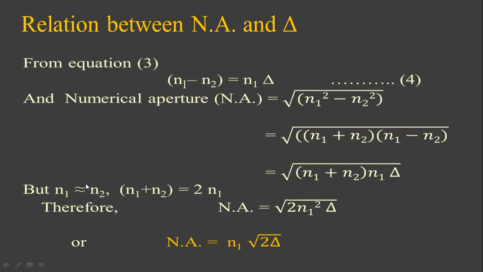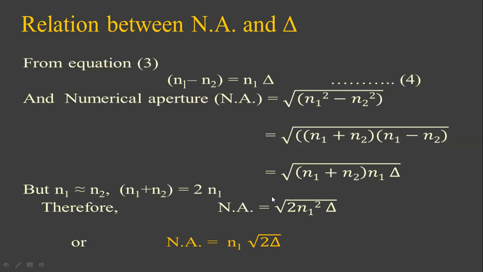But N1 is nearly equal to N2. That means the refractive indices of core and cladding are not much different from each other; they have nearly the same value. Because of that, we can set N1 nearly equal to N2, and N1 plus N2 becomes 2N1 in this equation.